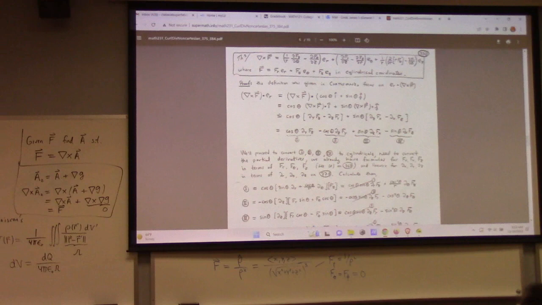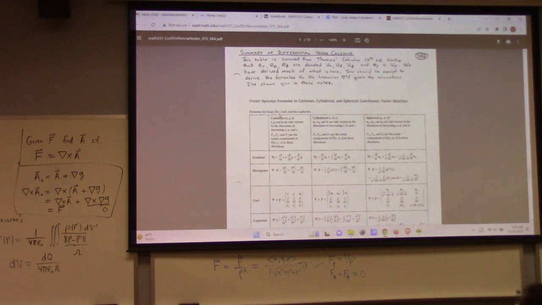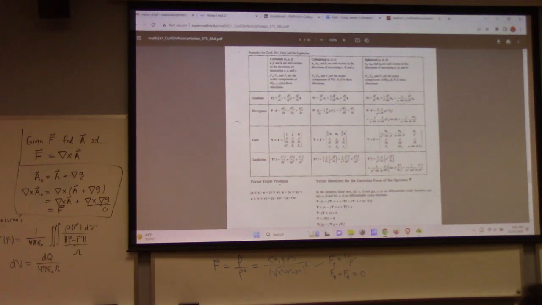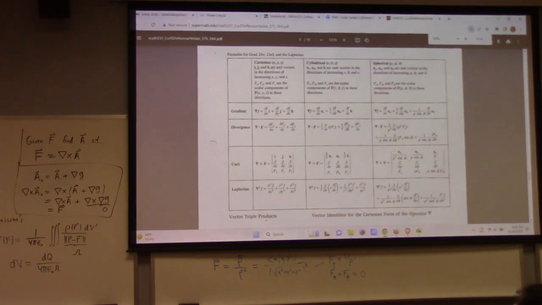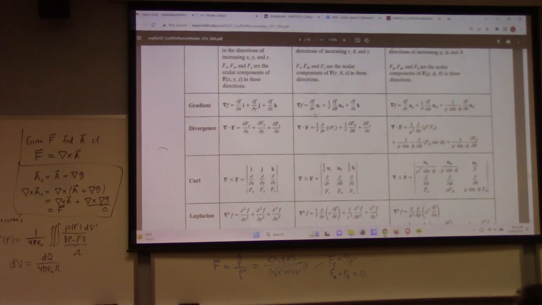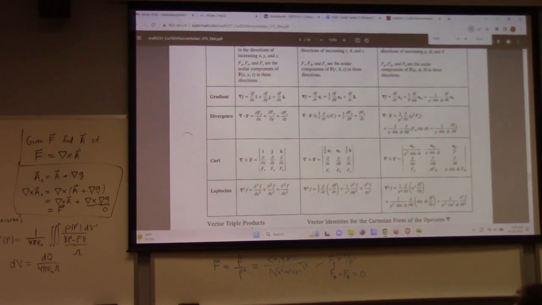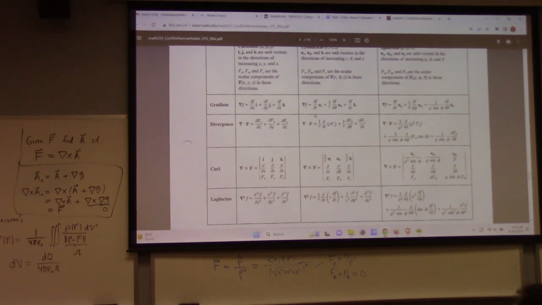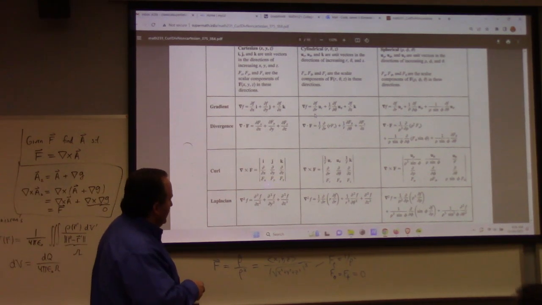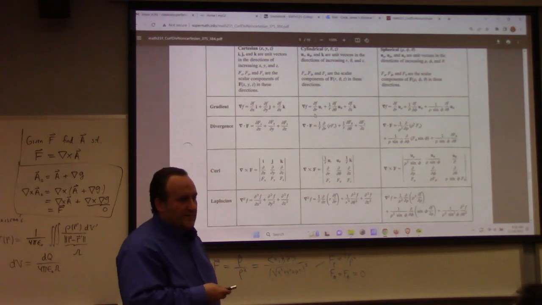Let me show you a summary, if you will, of this math. These are not in my typed notes because I just haven't gotten to it yet. My bad. The way this works is fx, fy, fz are your usual Cartesian components for the vector field.